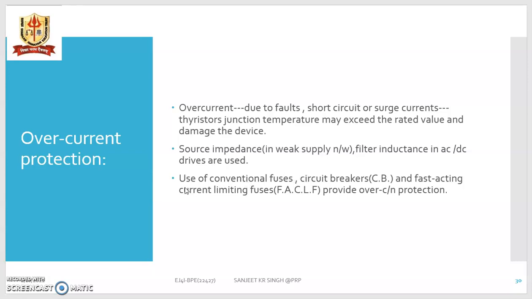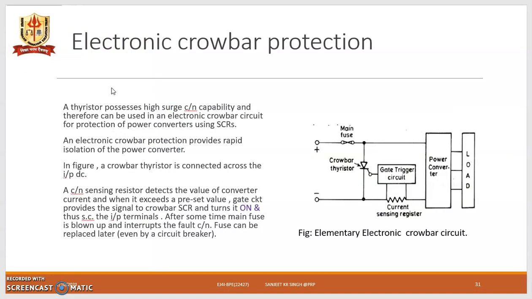The other method is to use conventional fuses or circuit breakers, or very fast acting current limiting fuses, to provide overcurrent protection. So this is how overcurrent protection is provided using these components or circuits.